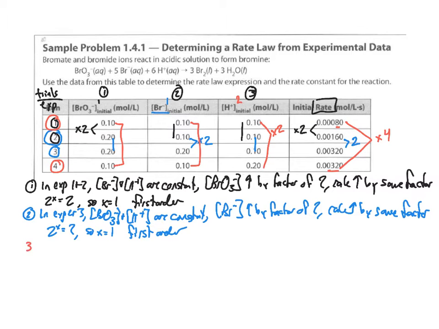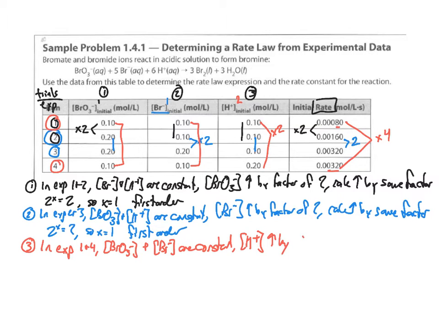So how do I state this? I'm going to say in experiments 1 and 4, bromate and bromide are constant. H plus increased by a factor of 2.